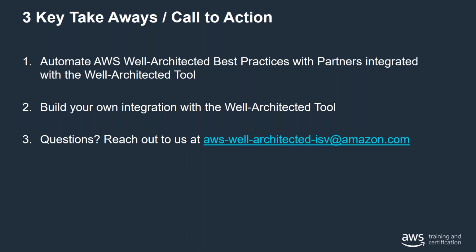That is definitely one of the other use cases: after you've automated discovery, you can automatically create tickets. And if you ever have any questions, you can reach out to us. The email address there is AWS Well-Architected ISV at Amazon.com, and we'll get back to you.